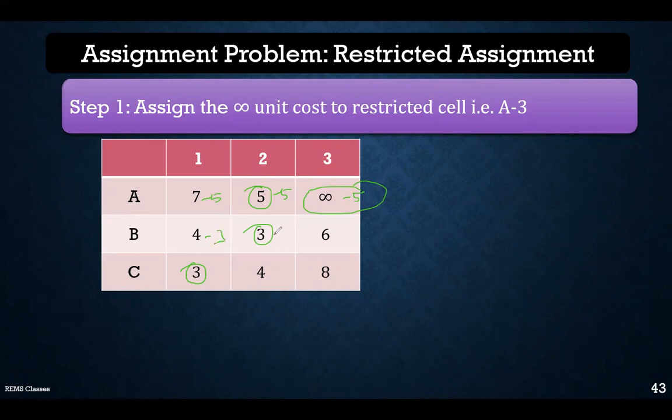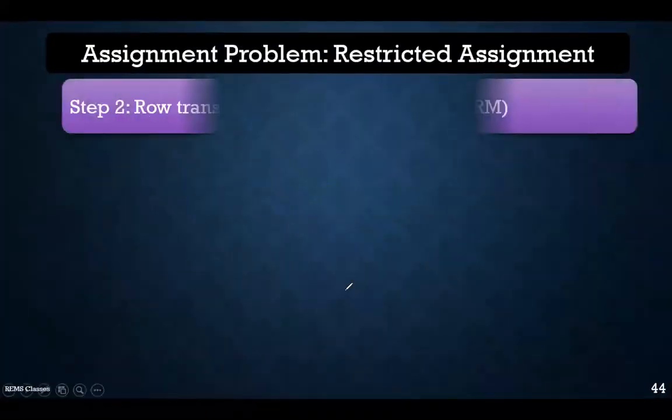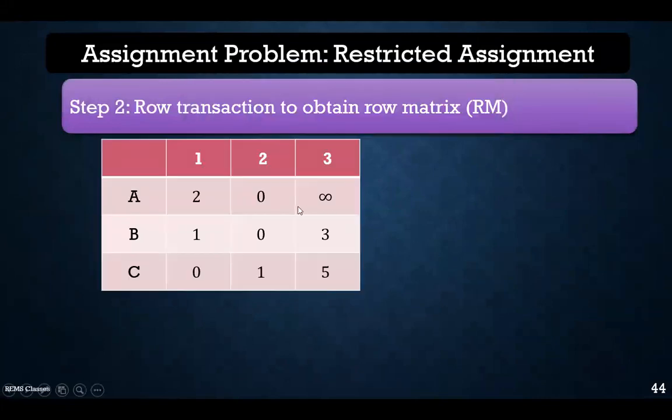So we subtract this value from each row, and we have obtained this matrix after the row reduction, or after subtracting the row minimum from each cell.